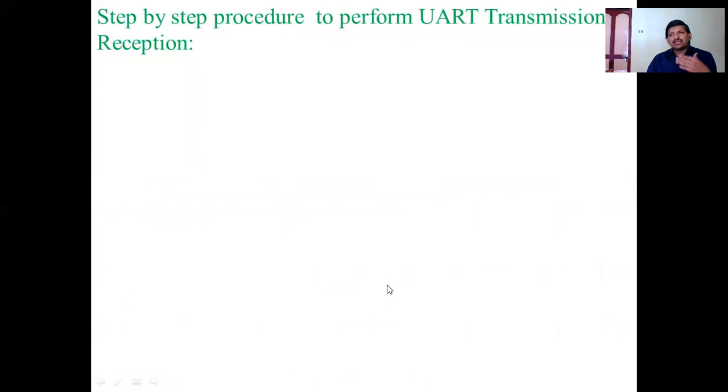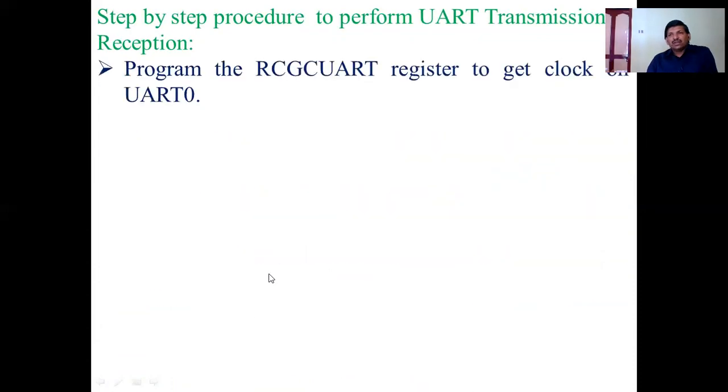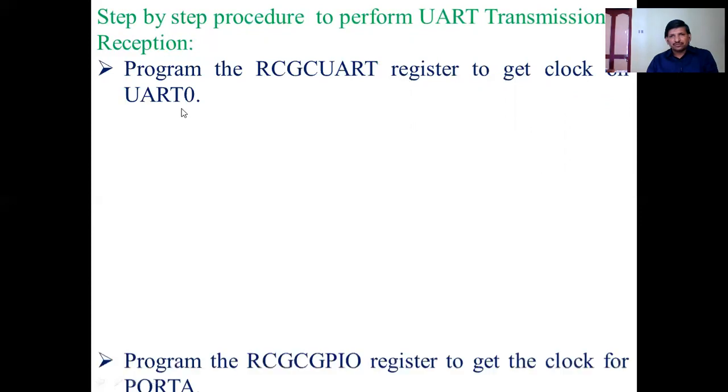How we are transmitting and receiving the data, that is the procedure we are discussing here. First, we provide the clock signal to the UART module by programming the run mode clock gate control UART register to get the clock on UART 0.